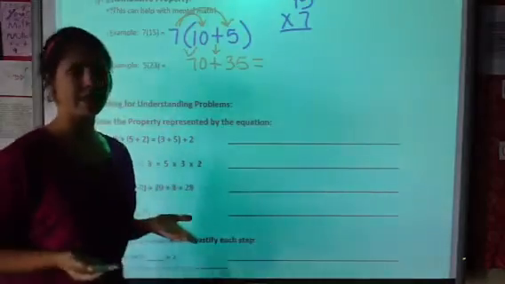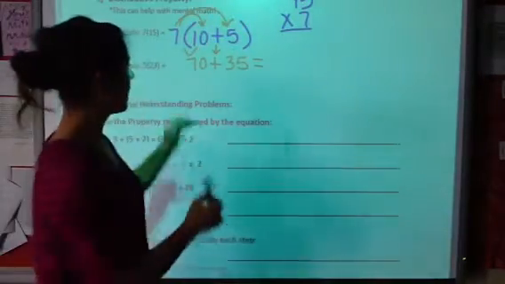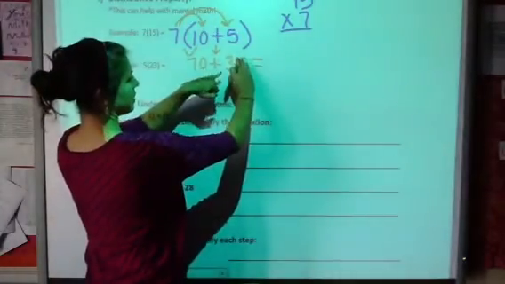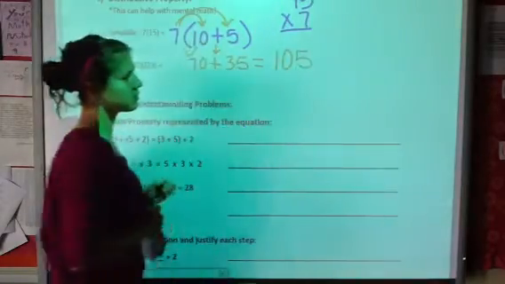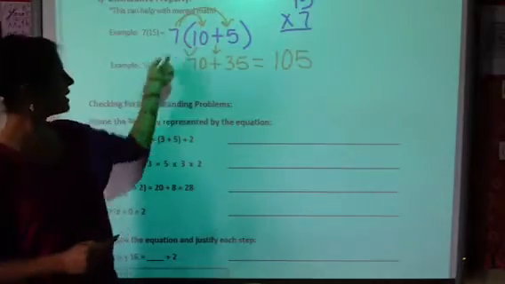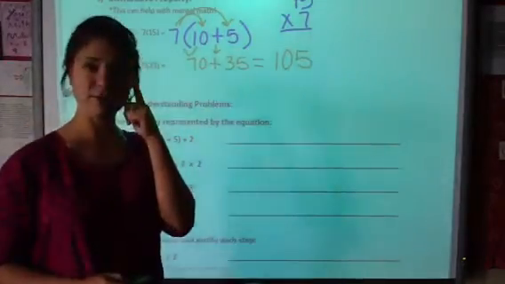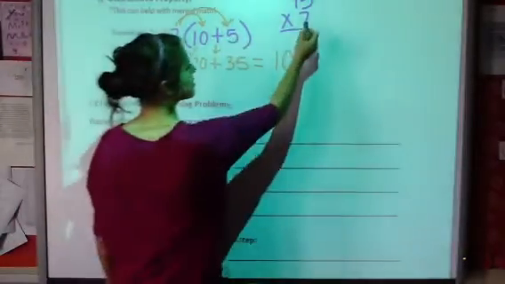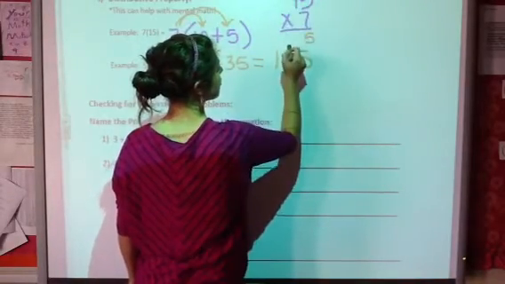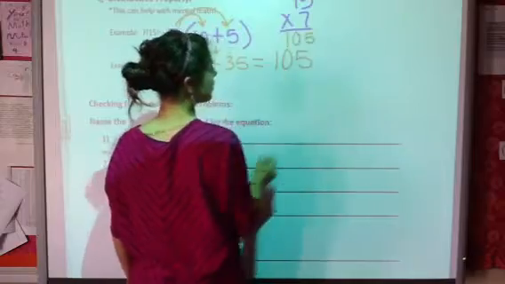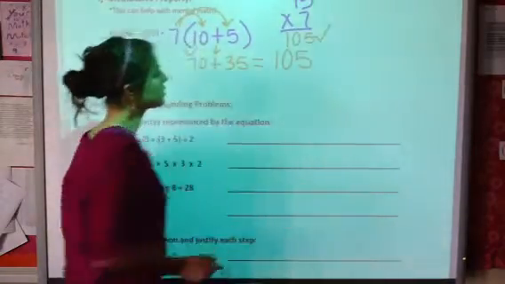Now I can add 70 and 35 pretty easily in my head. 70 and 30 gives me 100, and then add on the 5 is 105. So I broke apart 15, and now I can do that in my head and get 105. Let's check our work. 7 times 5 is 35. 7 times 1 is 7, plus 3 is 10, so we get 105, and there's our check.